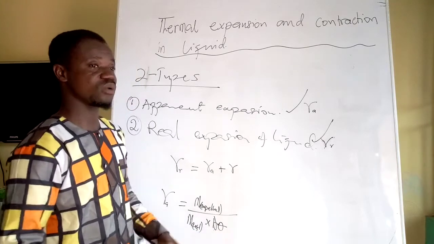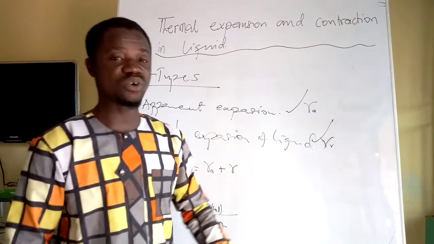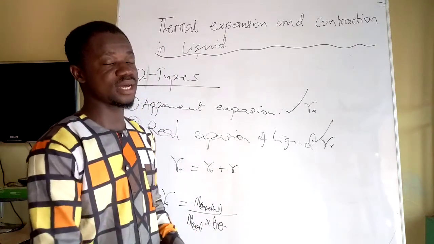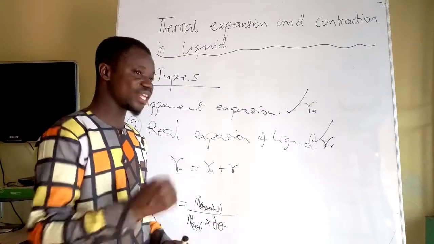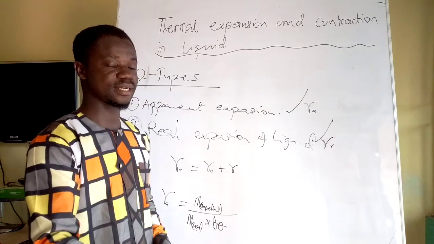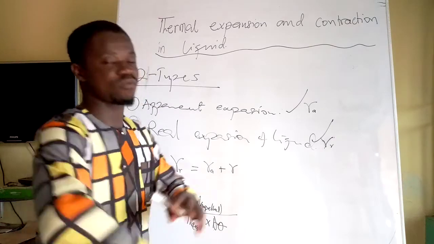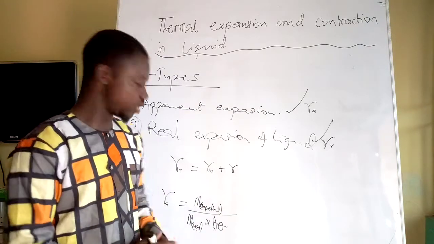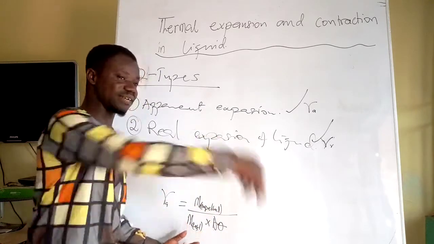Here we describe a simple experiment, but for the sake of time, I won't go through the experiment. In that experiment, we fill a container, which is a specific gravity bottle, with liquid. Then we heat the liquid in the specific gravity bottle. Once we heat it, the liquid will overflow. We allow the liquid left inside the container to cool. Then we find the mass of the liquid that is expelled, and the mass of the liquid that is left inside.